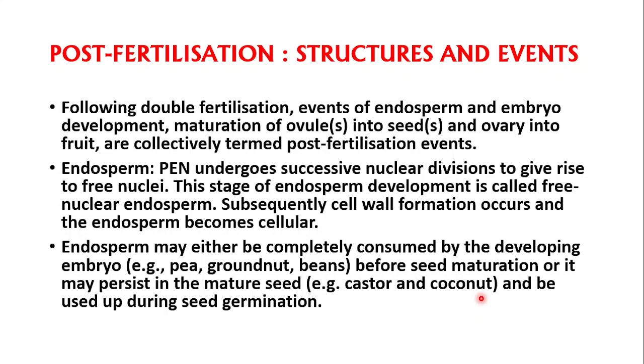The white colored cellular matter of the coconut is nothing but cellular endosperm. The liquid part is called liquid endosperm and the white cellular matter is called cellular endosperm. Right. This is how different types of endosperms can be produced.